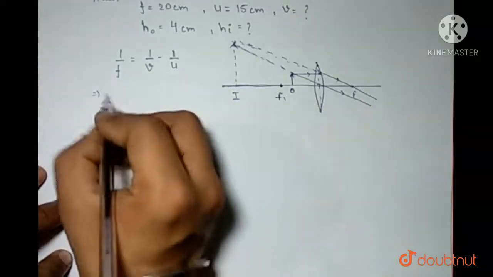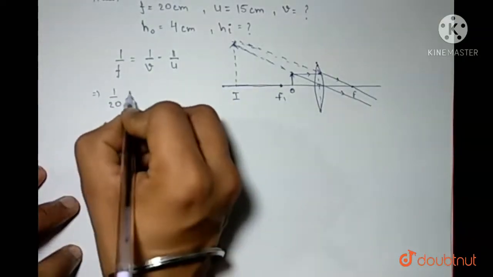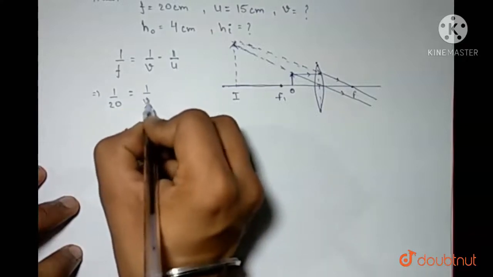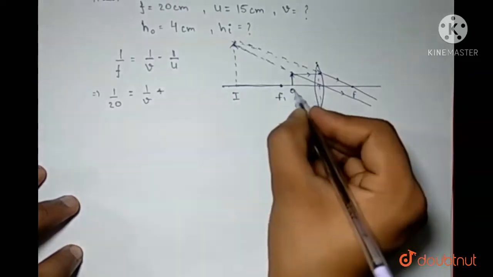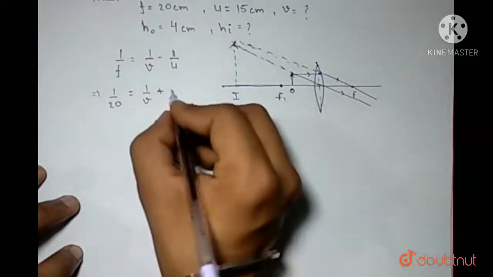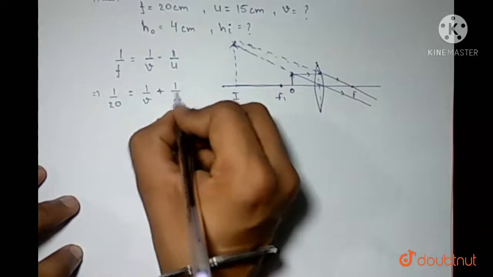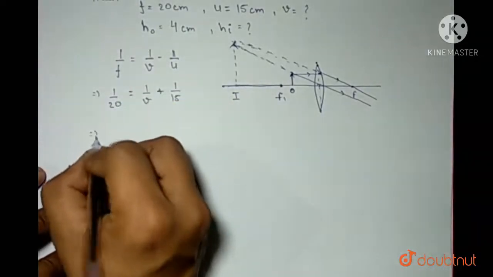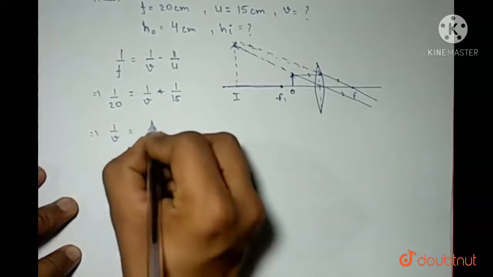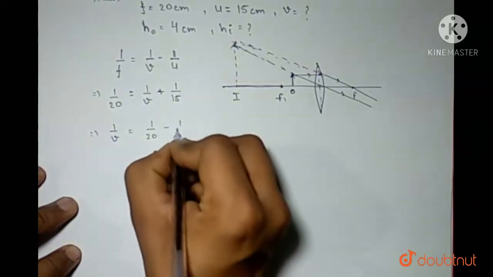I just fill in the values: 1 by 20. 1 upon v I have to calculate, minus and minus is plus, because this is on the same side, 1 by 15. So 1 upon v is equal to 1 by 20 minus 1 by 15.